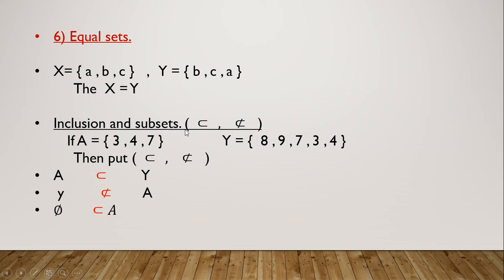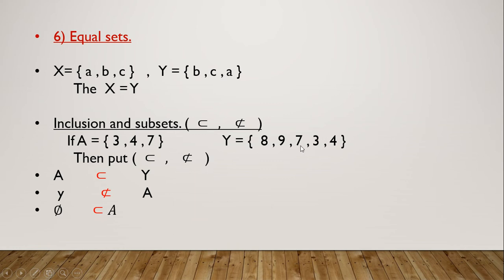Inclusion and subsets. This relation is called subset. We put subset or not subset between two sets. Okay? If A equals 3 and 4 and 7, and Y equals 8 and 9 and 7 and 3 and 4. All of set A exists in Y. Then A is a subset of Y. A has 3, 4, 7 and Y has 8, 9, 7, 3, 4.